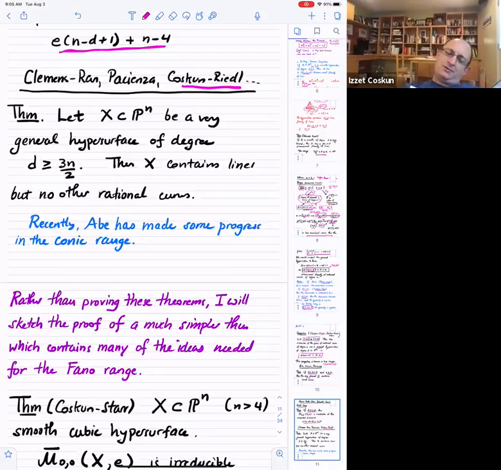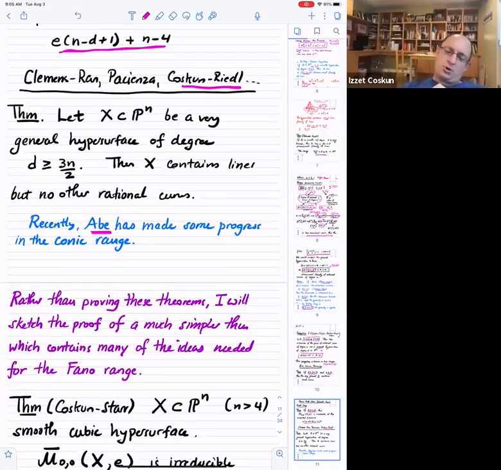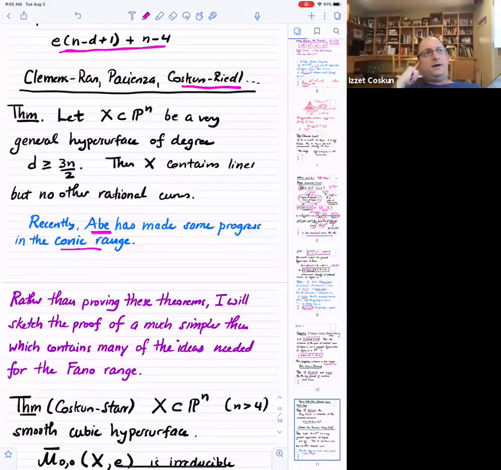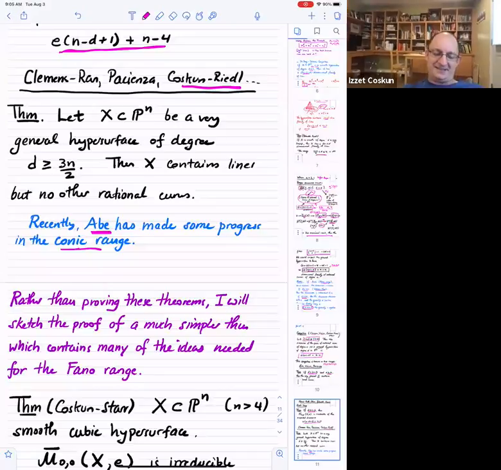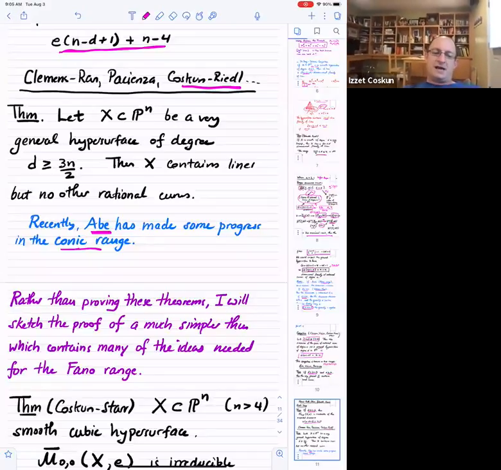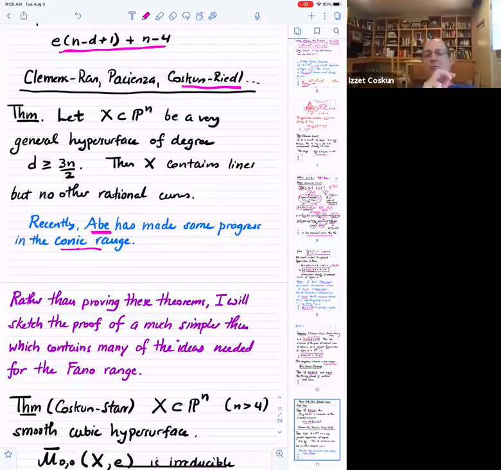And I should mention that recently Abe has made some progress in the conic range. I didn't write the exact statement, but there are some really exciting new results about understanding the conic range. So that would be between roughly 4/3 n and 3/2 n.